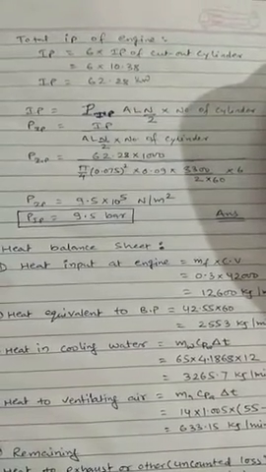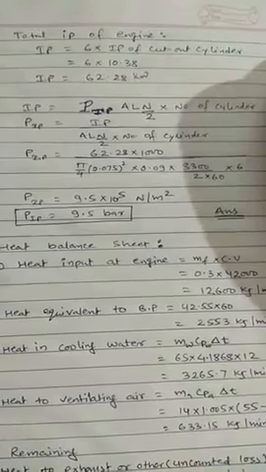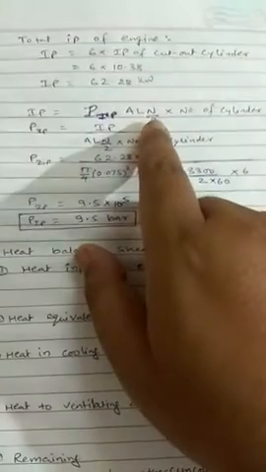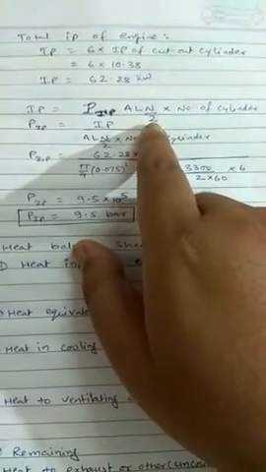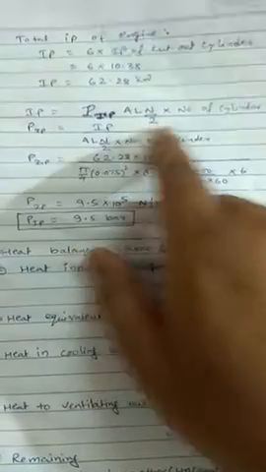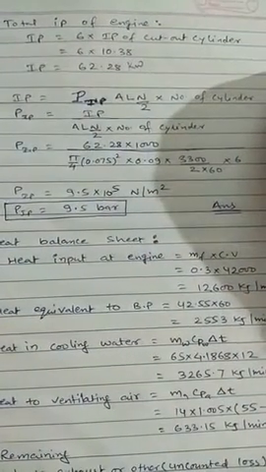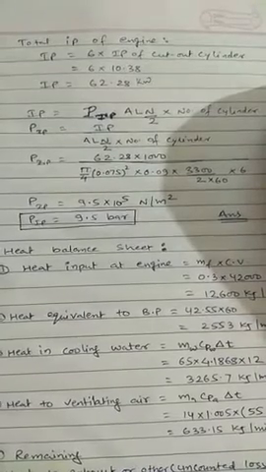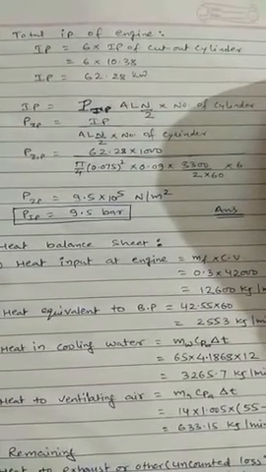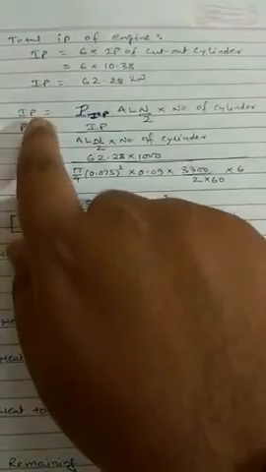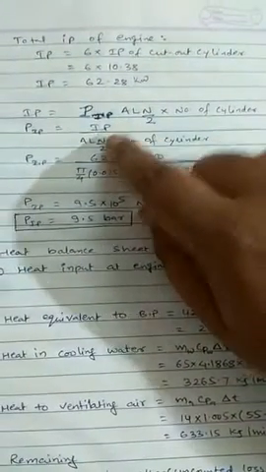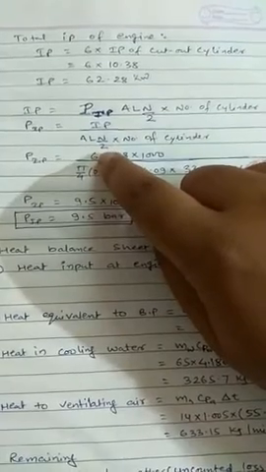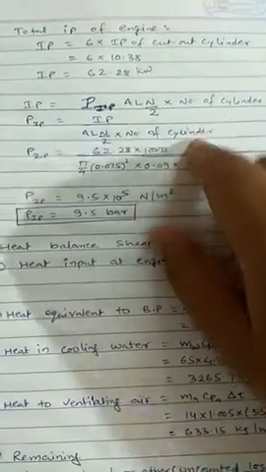This is for a 4-stroke engine. For a 4-stroke engine it is N by 2, and for a 2-stroke engine it is only N. Indicated mean effective pressure is equal to IP divided by A L N by 2 into number of cylinders.